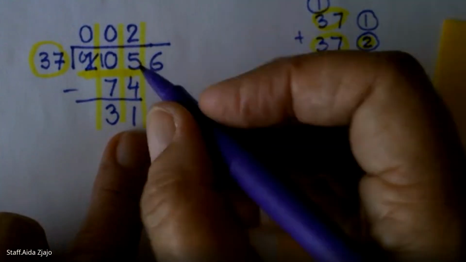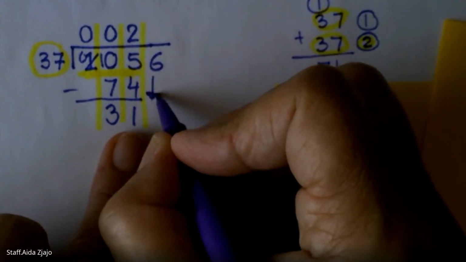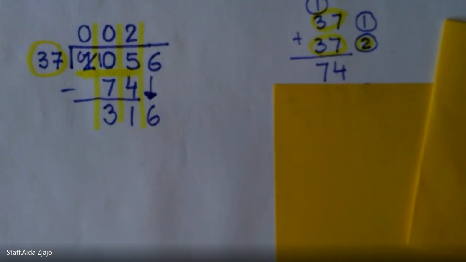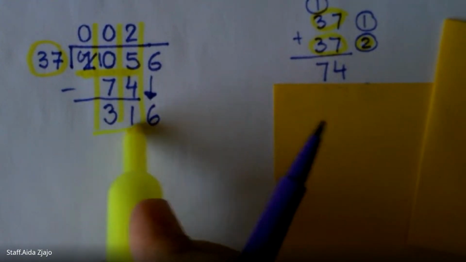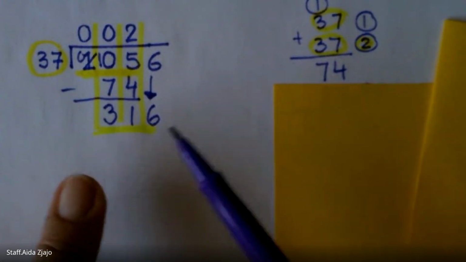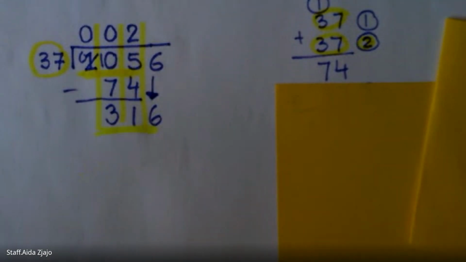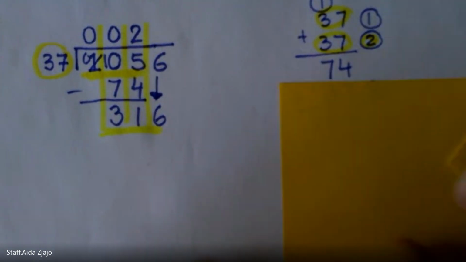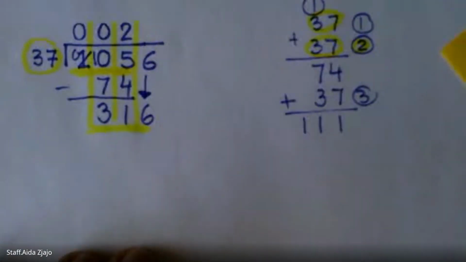This is left over. I'm bringing down my last digit, 6, and now I have 316. And then how many 37s are in 316? You can round to 40 and skip count by 40, 80, 120, 160, and so on. Or you just keep adding.